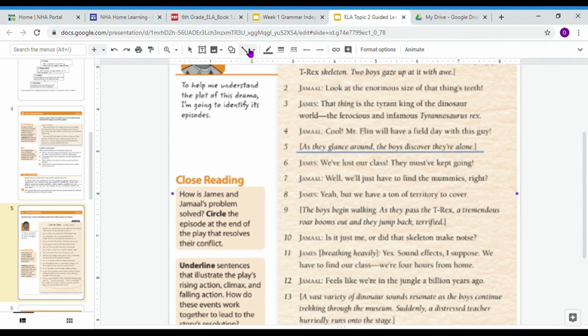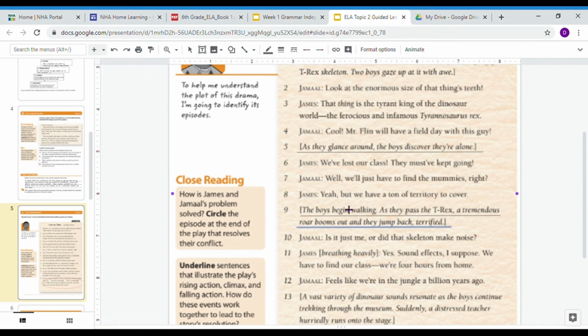So the next thing that we're going to look for is our climax. And again, our climax is the big turning point of our story, which kind of occurs right here, where they get scared. This is where they're like, okay, not only can we not find our class, but now I'm afraid. And that's when that T-Rex roars. And then our falling action, so that was our climax, them being absolutely terrified.